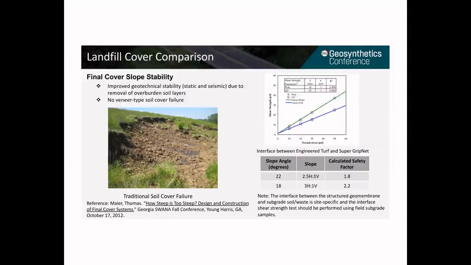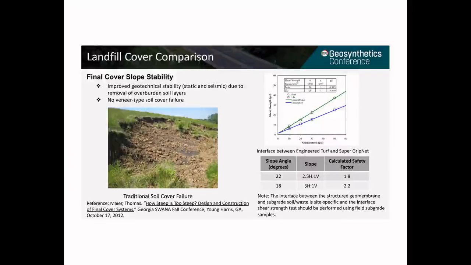The failure could be caused by saturation of soil, clogging of drainage, and/or insufficient shear strength of the soil-geosynthetic interface. However, the driving force is the weight of soil layers. Removing soil layers removes the driving force behind cover failure. Therefore, the veneer-type soil cover failure is no longer a concern for the engineered turf cover.